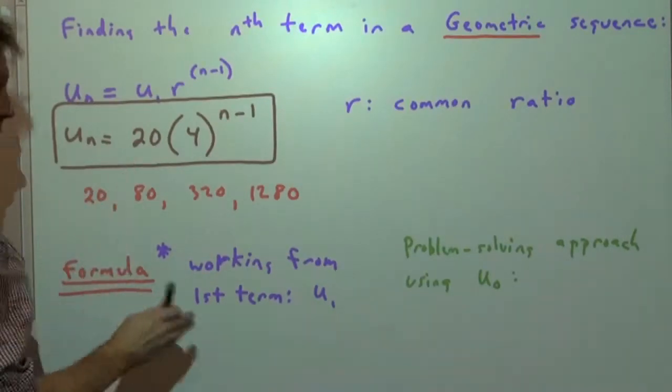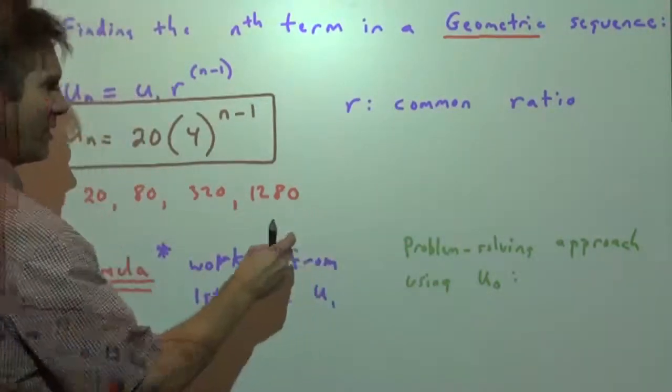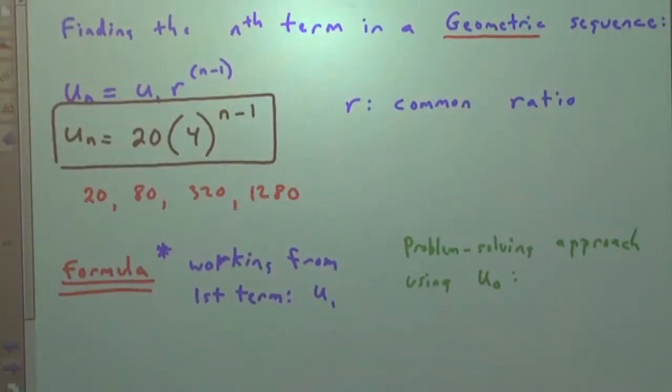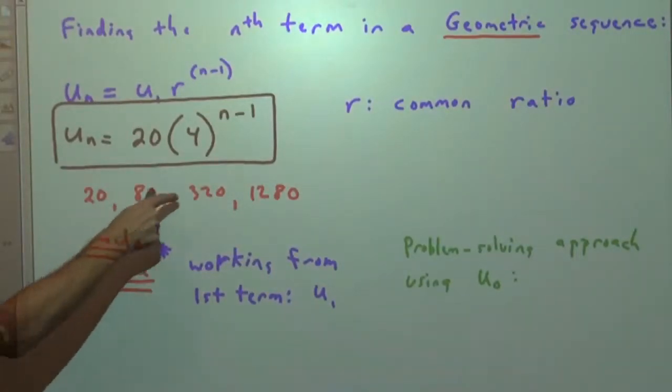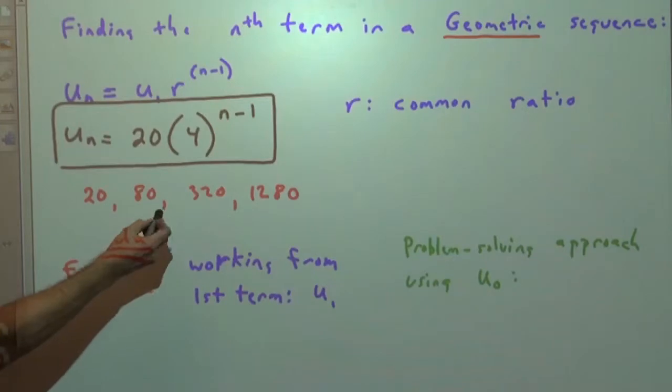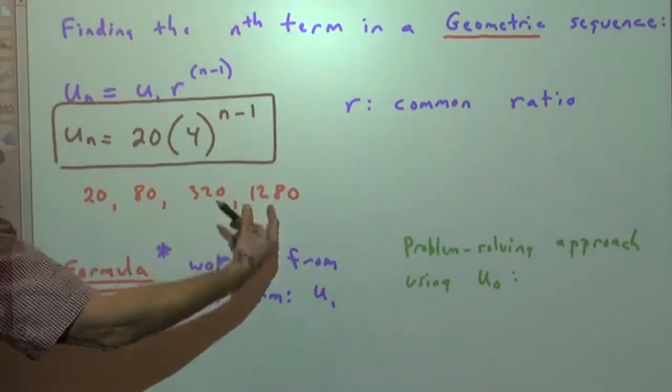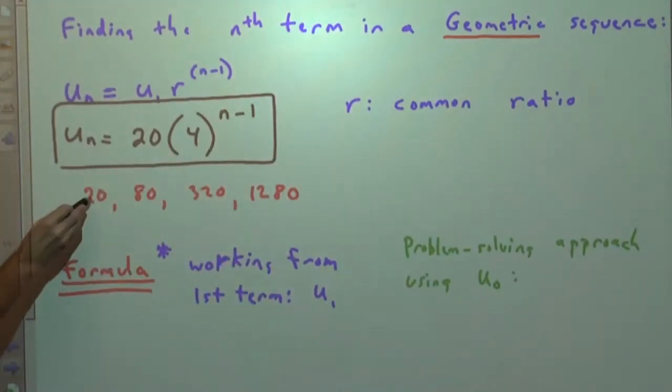If we wanted, okay, now let's go to this guy. Let's problem solve and find the 0th term. If this is the first, second, and third term, if we go back, instead of multiplying by 4 going that way, we divide by 4 going this way. 20 divided by 4 is 5. So the 0th term, the u sub 0 term, would be 5.